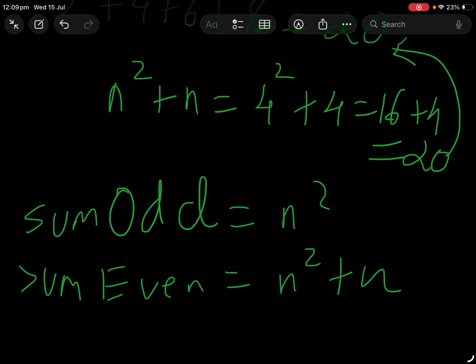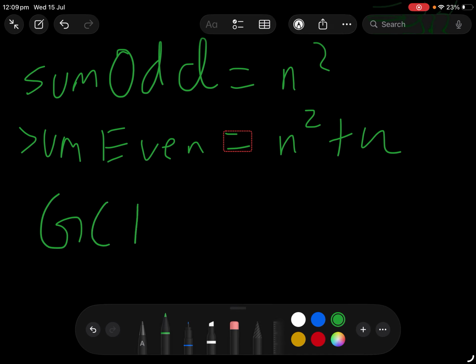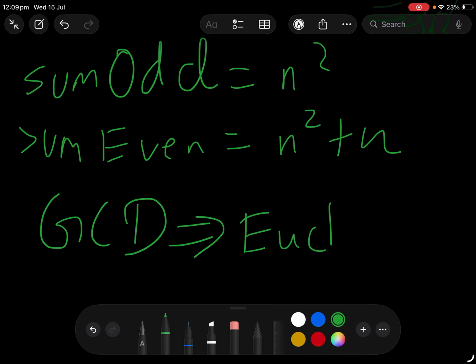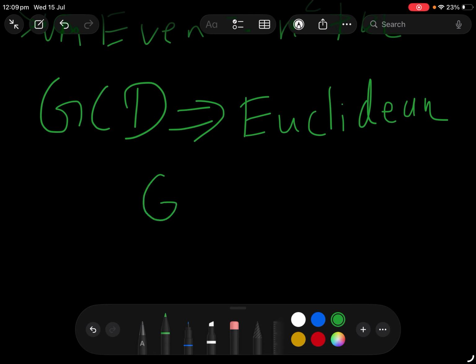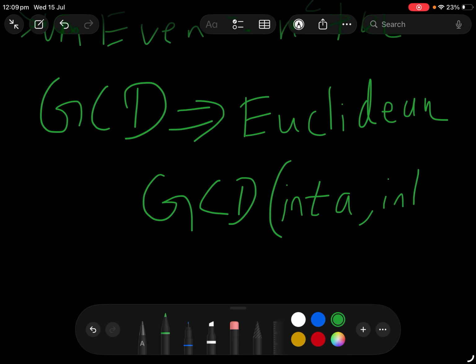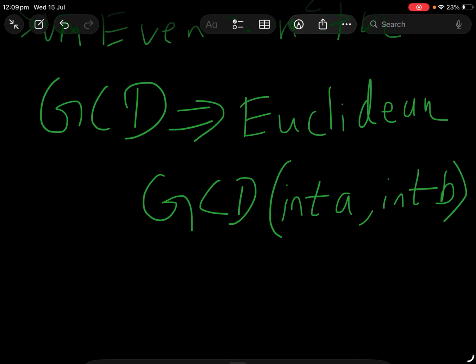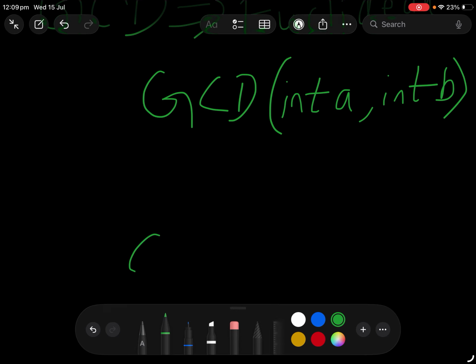Now what about the GCD? This can be calculated using the Euclidean method. Now what is the Euclidean method? I'll directly write the function. Suppose I get two integers a comma b. I have to calculate the GCD of them. So I'll apply recursion: GCD of a modulus b and b.